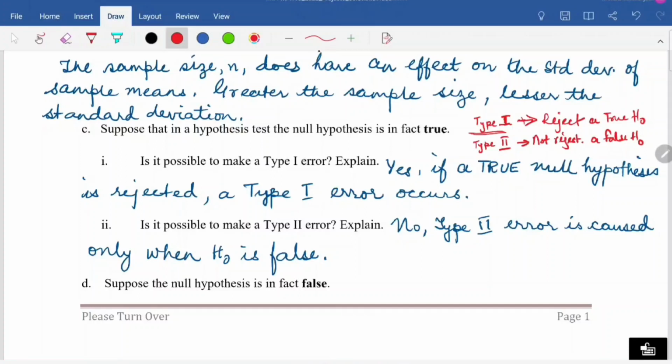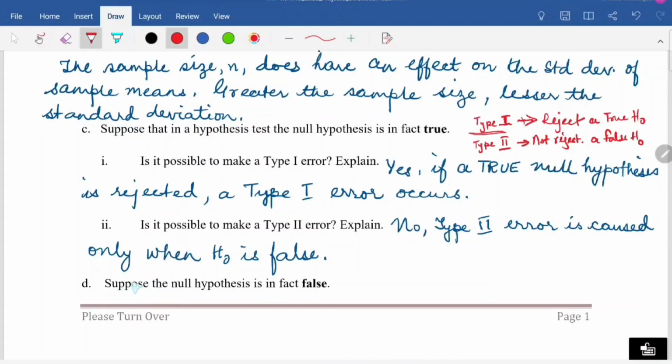That causes a type 2 error. However, when the null hypothesis is true, there's no way we can commit a type 2 error. A type 2 error is caused only when the null hypothesis is false. If the null hypothesis is true, then the only error we can commit is a type 1 error.